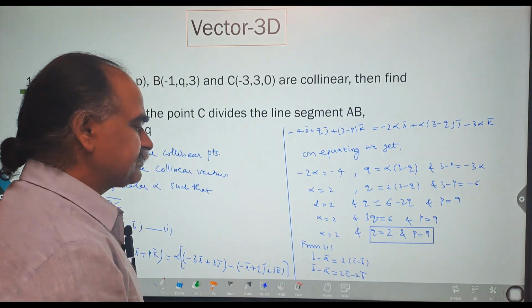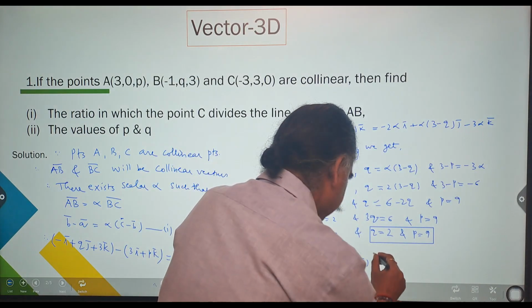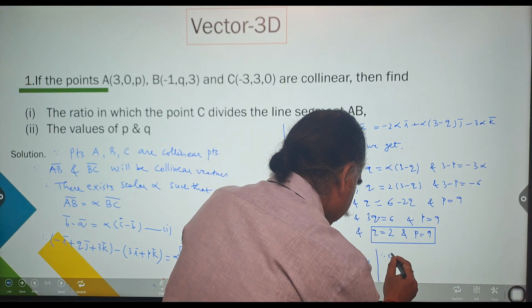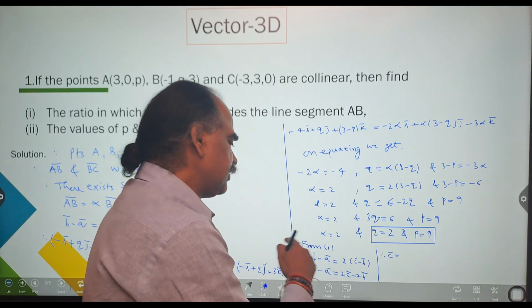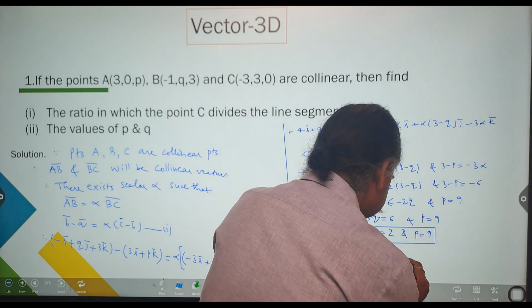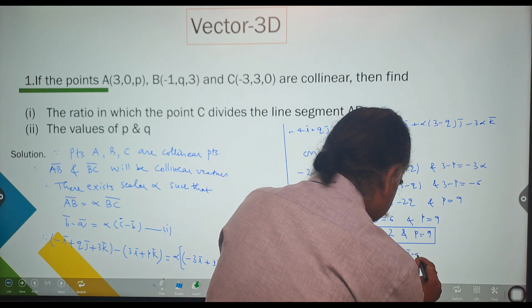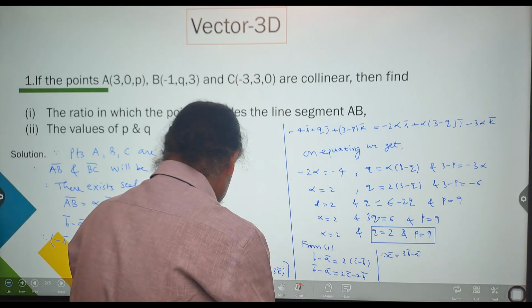We want the ratio in which C divides, so keep C on one side. Therefore, 3B bar minus A bar is 2C bar.